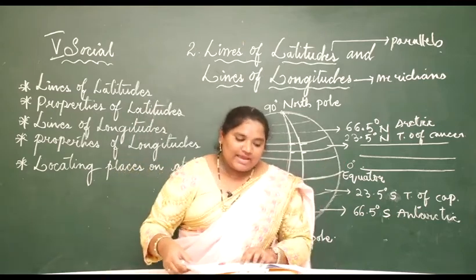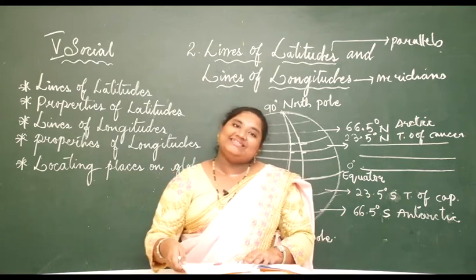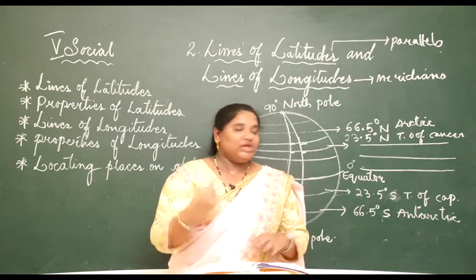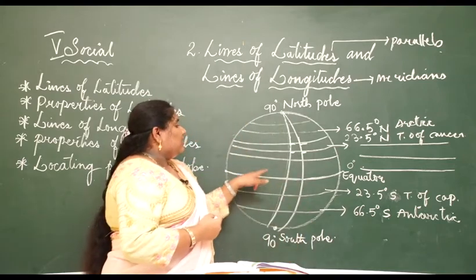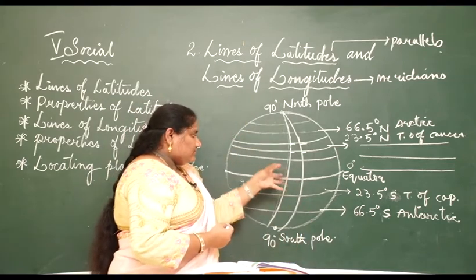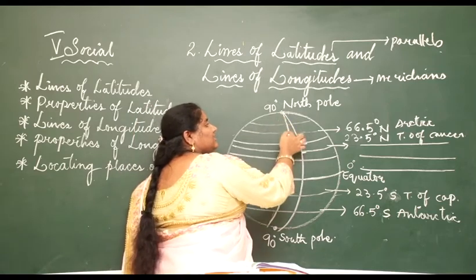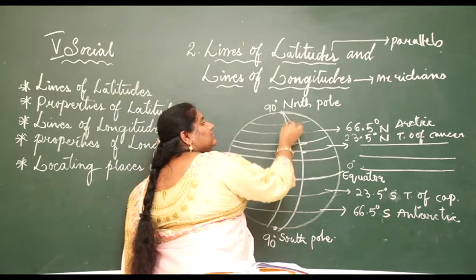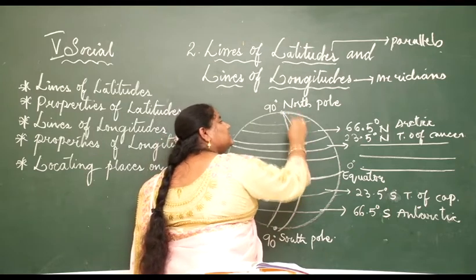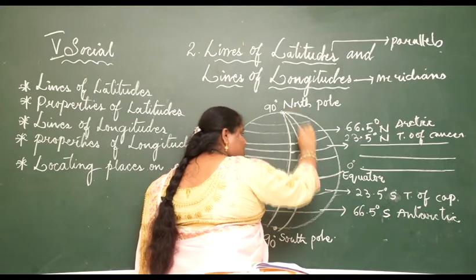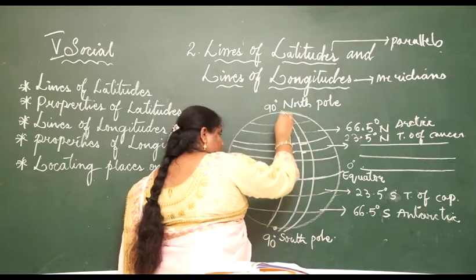Okay, there are a total of 180 degrees of longitude. How many longitudes do we have? 180 longitudes. So here the longitudes are farthest apart at the equator, and when it comes to the poles, the distances decrease. The distance of the longitude decreases as it comes to the poles, like this.